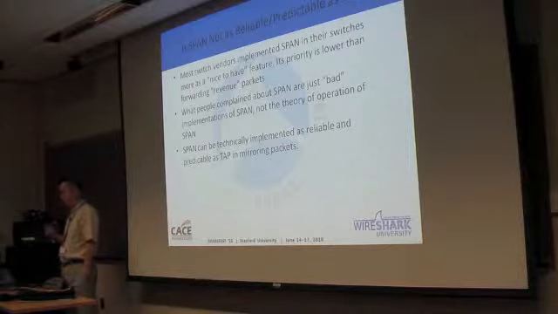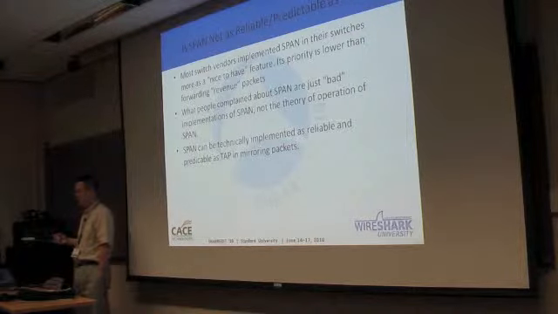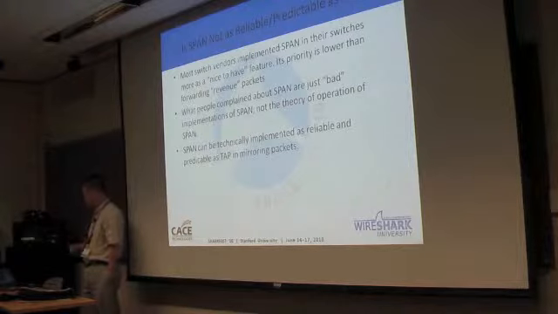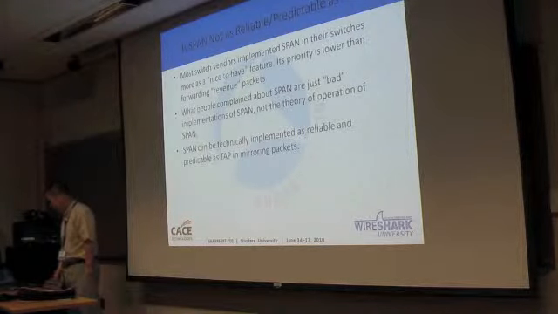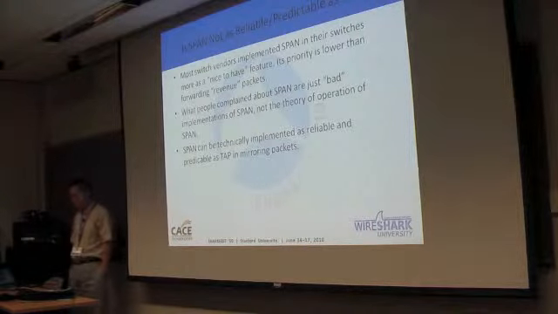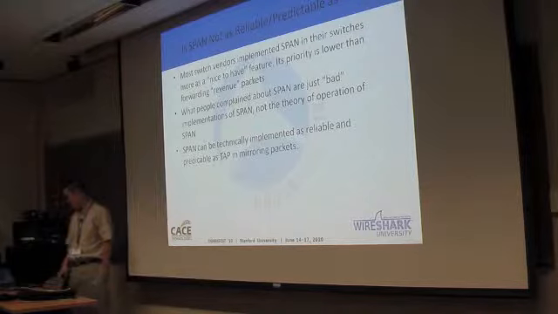I noticed that most people complain about SPAN, but actually it's just the bad implementation of SPAN, not the theory of operation of SPAN. Technically, SPAN can be implemented and made as reliable and predictable as a tap in mirroring packets.